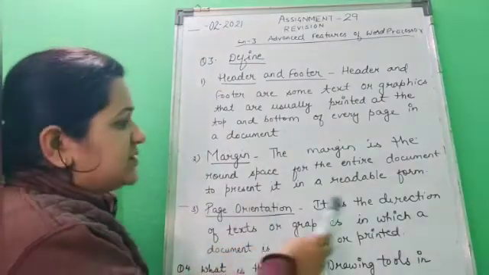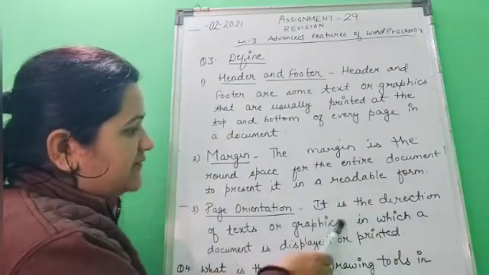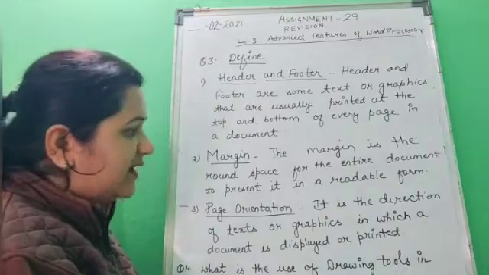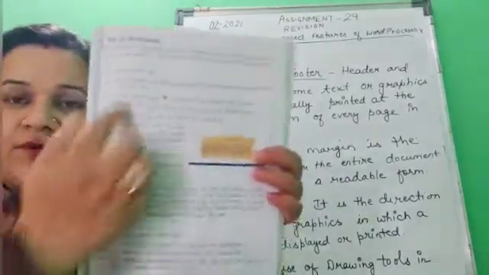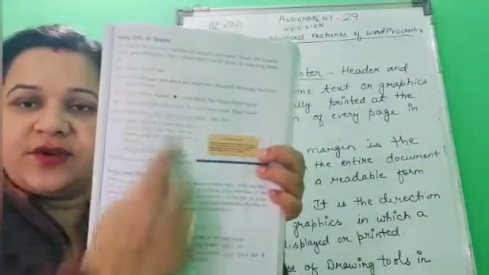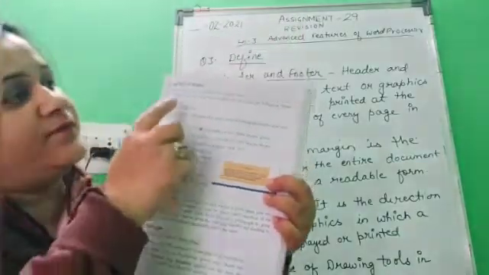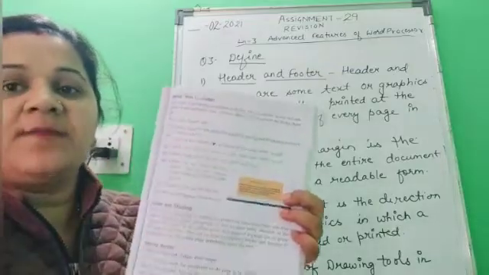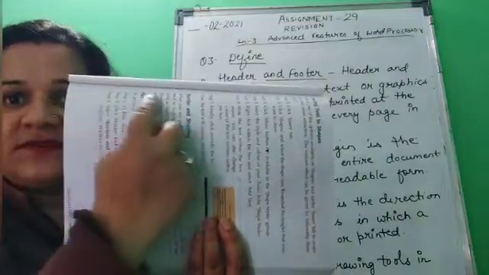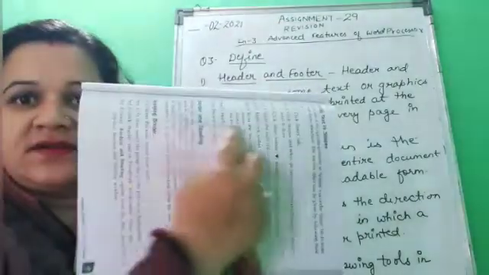Page orientation. It is the direction of text or graphics in which a document is displayed or printed. Now children, this is the portrait form. Like the texts are written like this. But this is the landscape form, which means the text will be written like this.